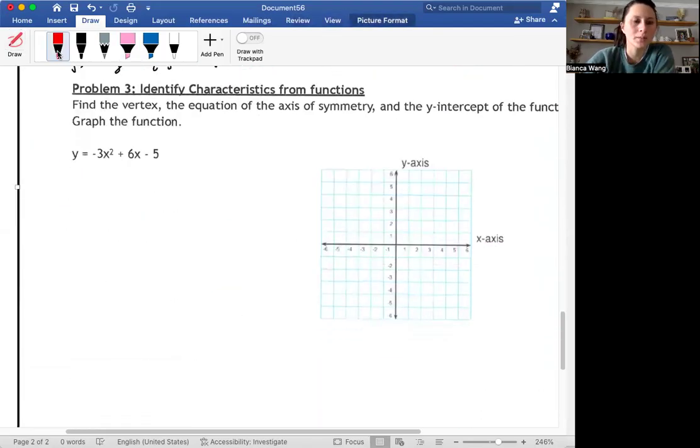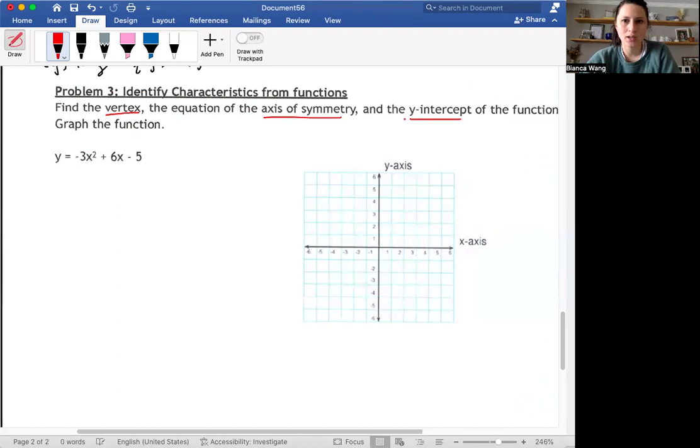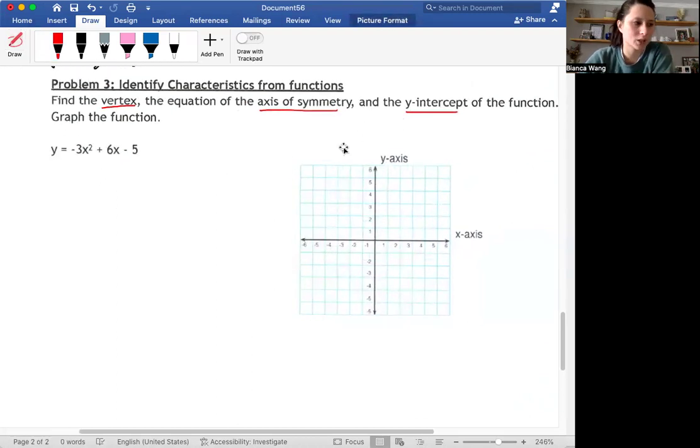All right, let's do one more. Let's try to do this without having to graph every single point. So I'm going to teach you a few characteristics of first how to find the vertex, how to find the axis of symmetry, the y-intercept, and then using those three qualities to graph.